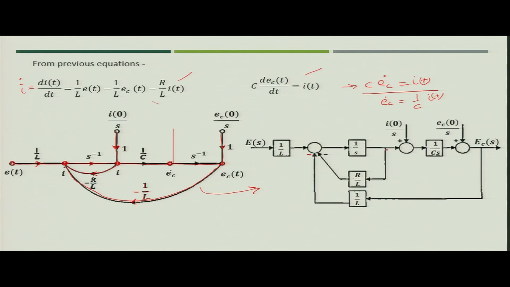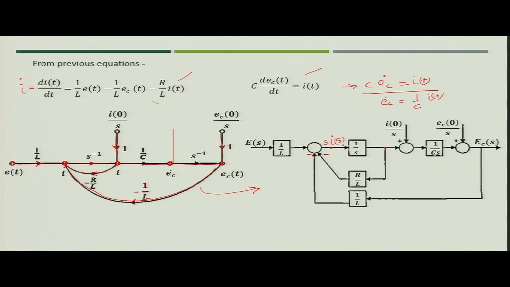Similarly, for the value of current I which you get here, you get R by L as a gain, and then you again subtract from this. When you see this particular segment, the value which you get from here is actually the value of I dot. So, you can simply write S into I s here.